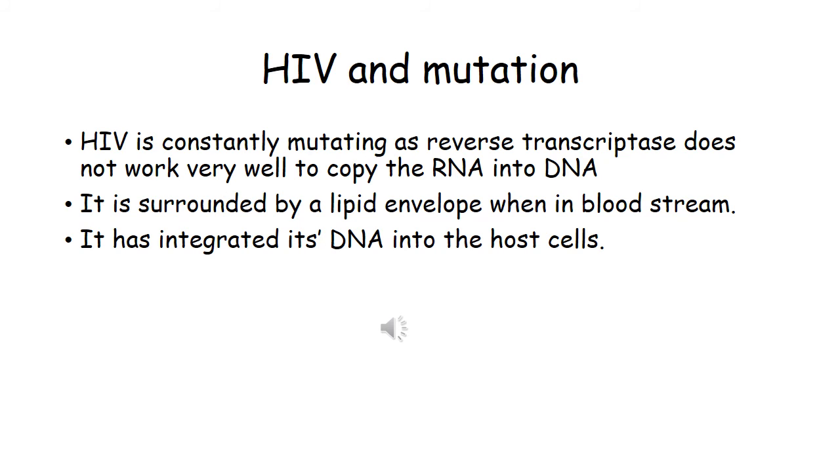And finally, the HIV virus inserts its DNA that's been created into the host's cells. So unless you get rid of every single T helper cell that's present in the immune system, it would be difficult to know you have got rid of every single virus nucleic acid that has been integrated into the host cell's DNA.